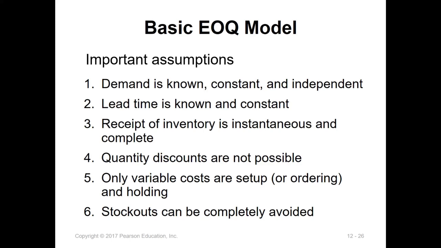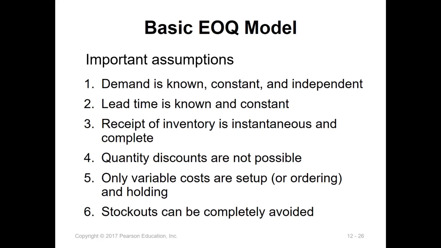So the basic EOQ model, that's where we stopped last time. There are some important assumptions we have to introduce in the beginning, before you can use the mathematical model. First, we know the demand. This demand is annual demand, so each year, how many individual parts you need.